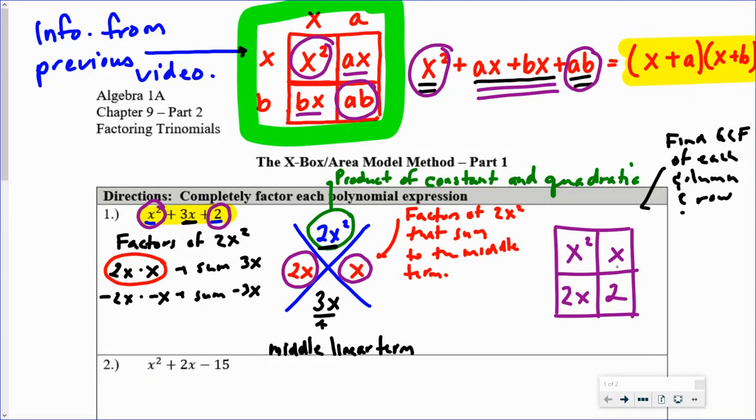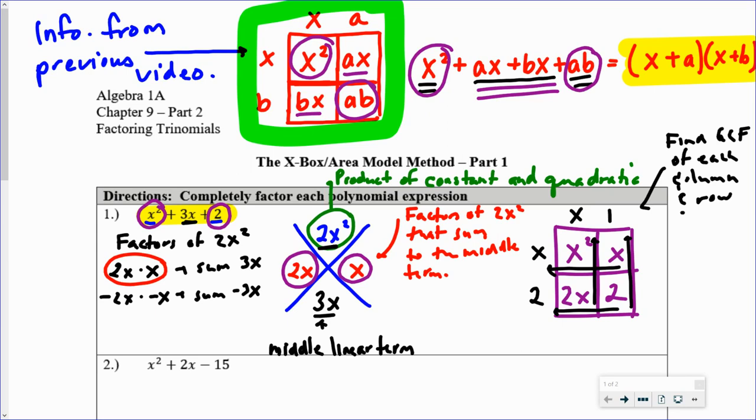So let's go ahead and do that. So let's do the first row. The GCF of x squared and x is just x. The GCF of 2x and 2 is 2. The GCF of x squared and 2x is x. And the greatest common factor of x and 2 is just 1.